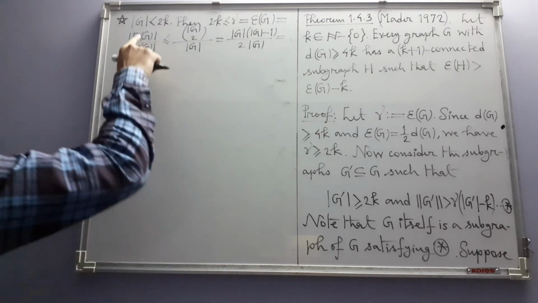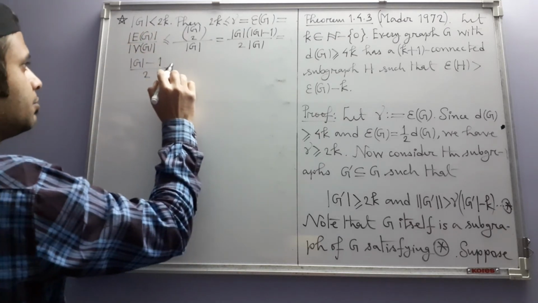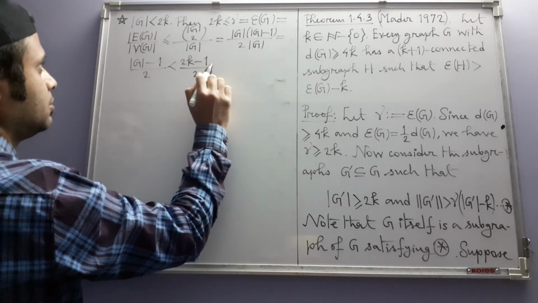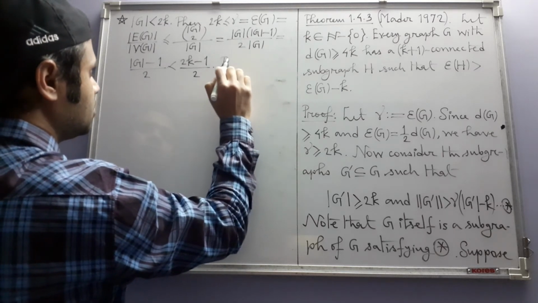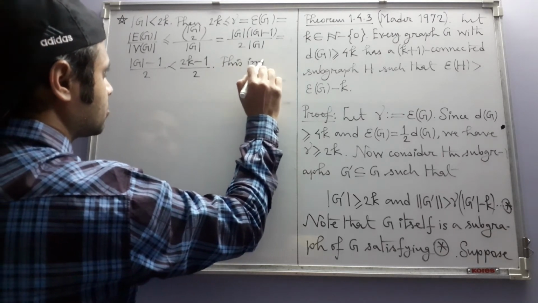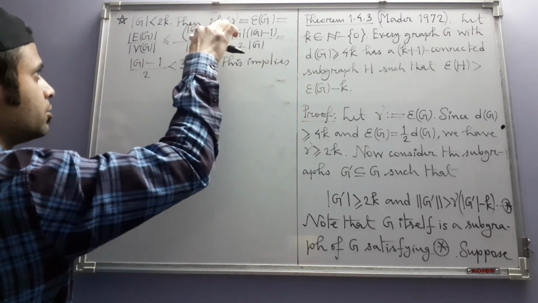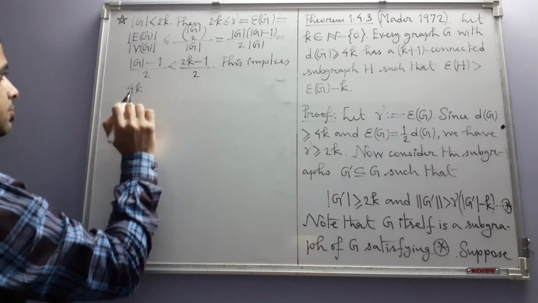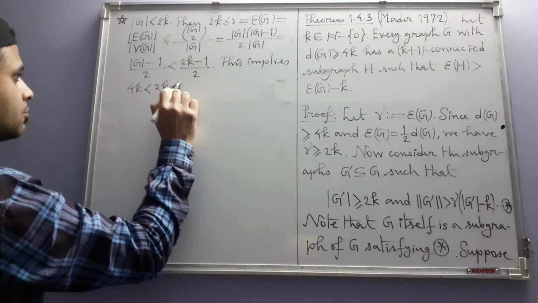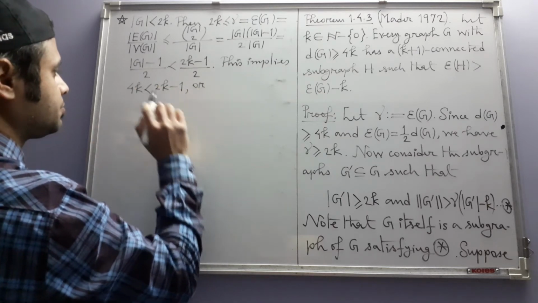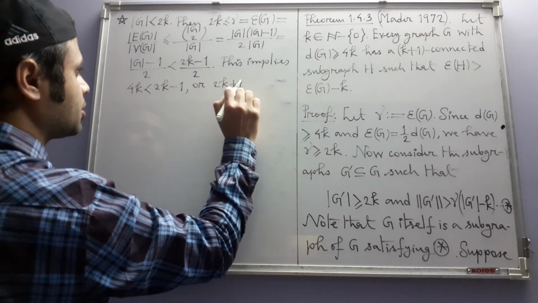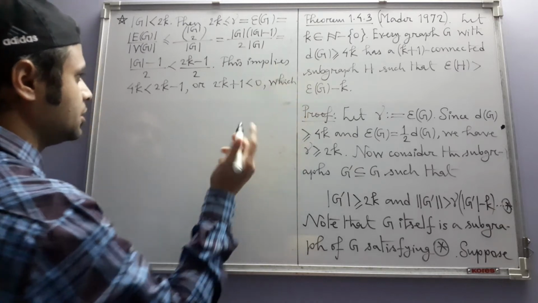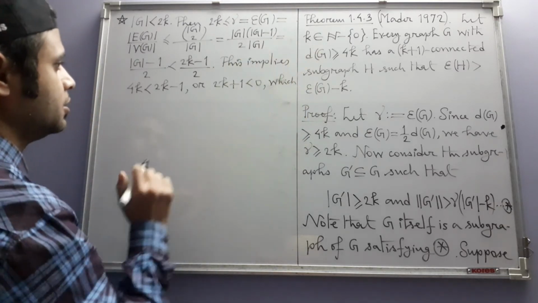So now, because of our supposition, this thing will be less than 2k minus 1 divided by 2. So this implies 2k is less than 2k minus 1 divided by 2. So 4k is less than 2k minus 1, or 2k plus 1 is less than 0, which is not possible because k is positive.